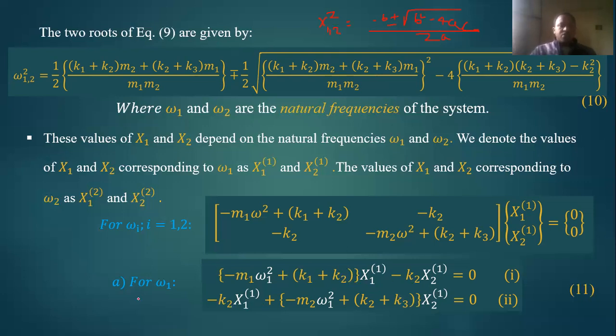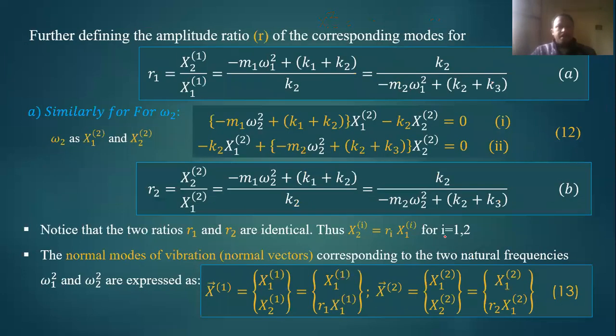Again, for omega 2, we substitute the omega 2 value in the same equation. Then, defining the amplitude ratio, that means X2 over X1, what we have is (minus m1 omega 1 squared plus k1 plus k2) over k2, which is equal to k2 over something. This is from the second equation, and this is from the first equation. So we can use only one, that is sufficient. Whether we use this one or this one, it gives the same value.